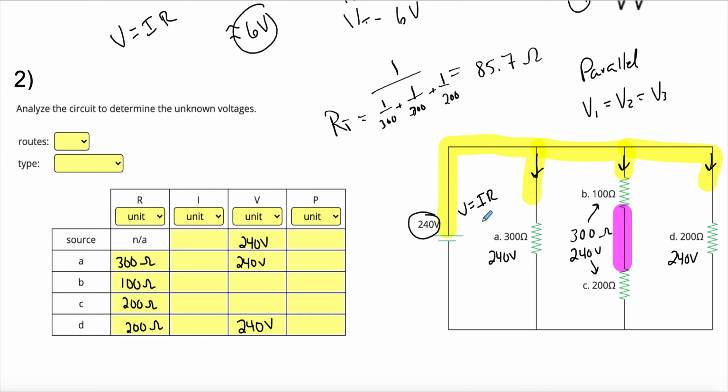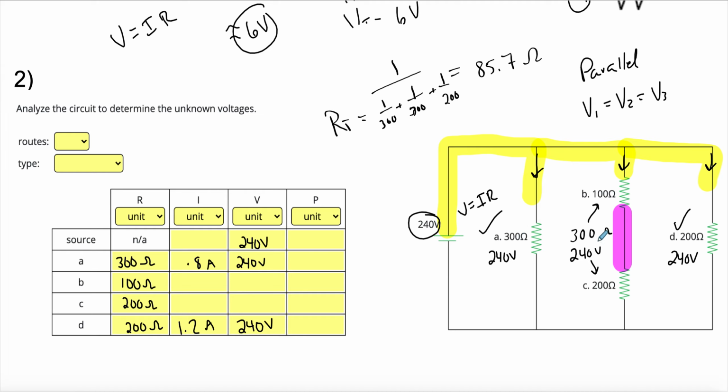So 240 divided by 300 and we get 0.8 amps. That one's done. Let's do D here: 240 divided by 200, and we get 1.2 amps. So that one's done.